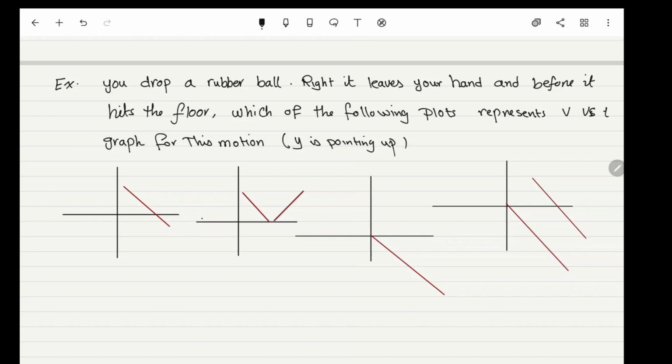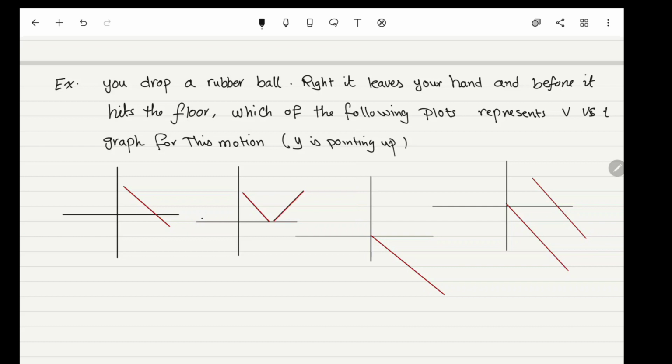Now another example. You drop a rubber ball. It leaves your hand and before it hits the floor, which of the following plots represents the velocity versus time graph for this motion, assuming that y is pointing up? Now, since the ball is dropped from rest, its initial velocity equals 0.